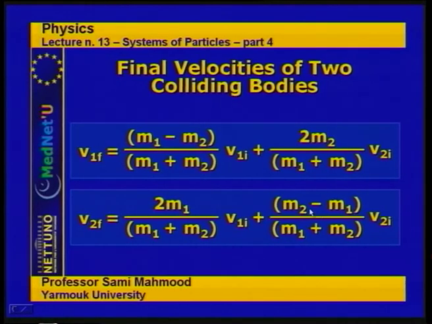special cases of this result in order to convince ourselves of how systematic and how logical this result of the collision is. Suppose, as a special case, that we have a very massive object at rest that is struck by a relatively much smaller object that is moving with an initial velocity v1 initial.